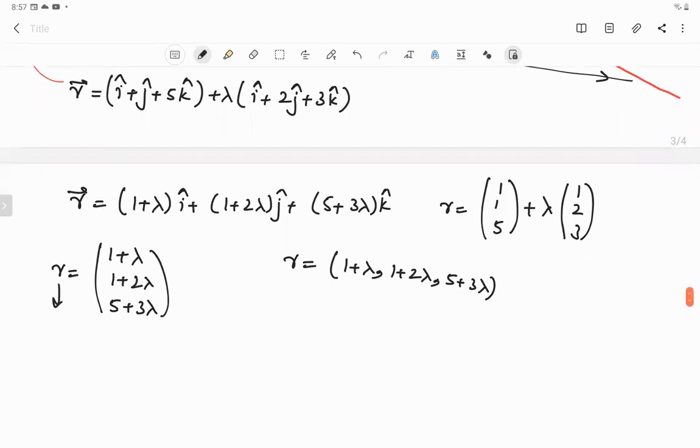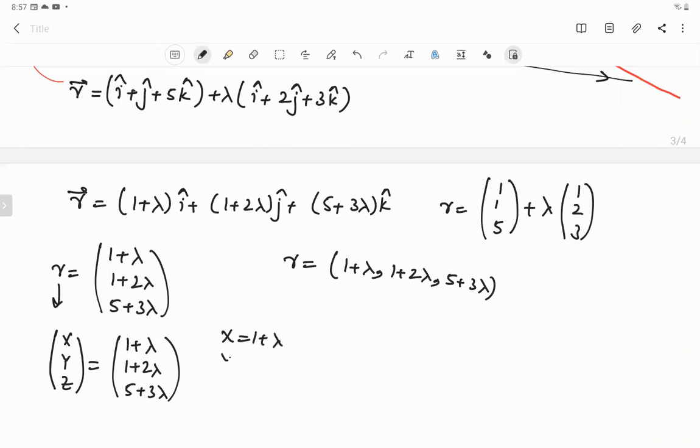And if I replace R by (x, y, z), then 1 plus lambda, 1 plus 2 lambda, 5 plus 3 lambda, and equating all entries, we can write it like this. These three equations together are called parametric equations of a line in 3 dimensions.